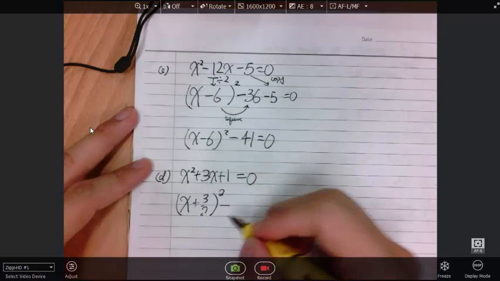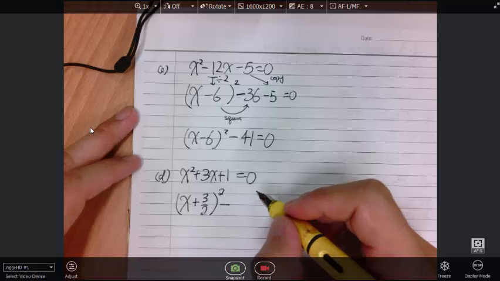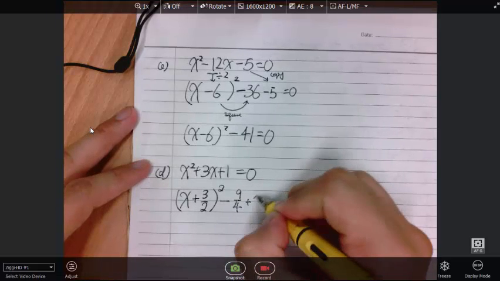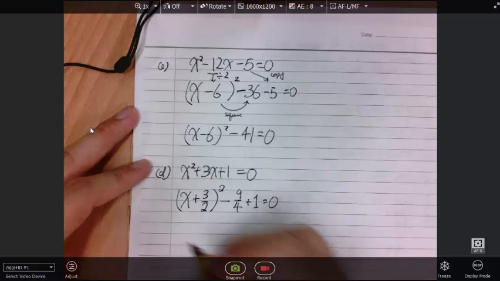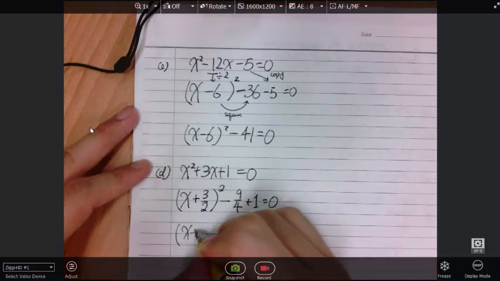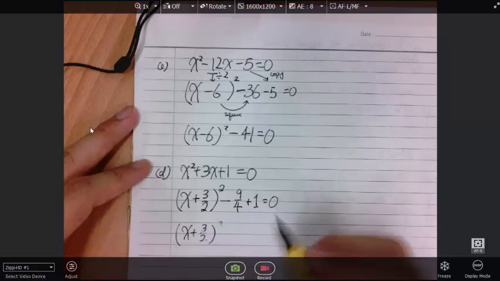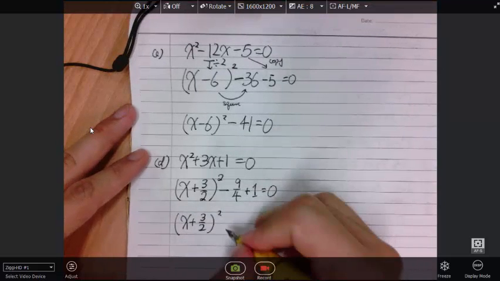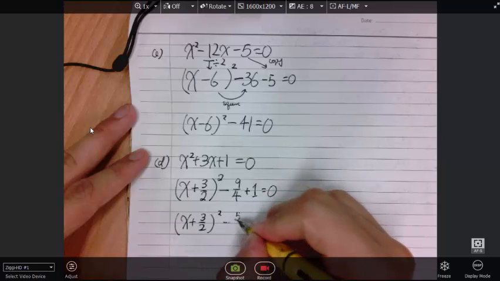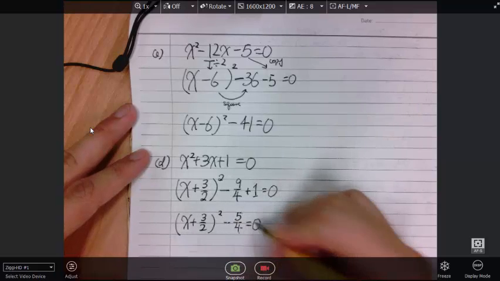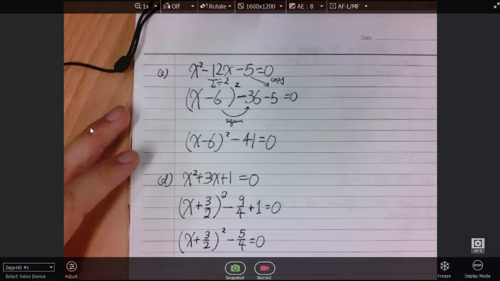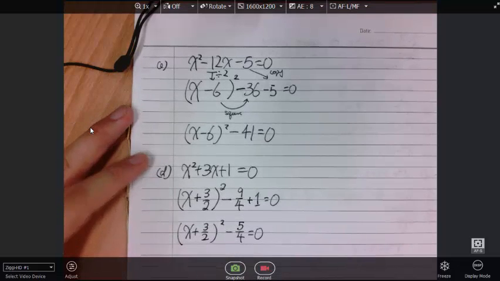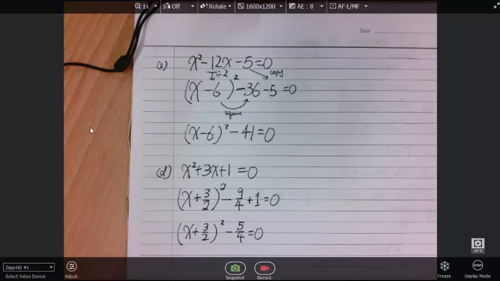You square 3 over 2, just press calculator, you get 9 over 4, plus 1 is equals to 0. You simplify everything: negative 9 over 4 plus 1, just key into calculator, you will get negative 5 over 4 equals to 0. And you have successfully completed the square 4 times. Tomorrow in class, we shall practice this method for completing the square.